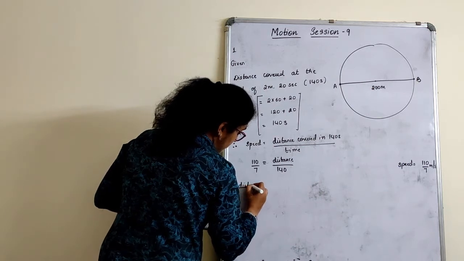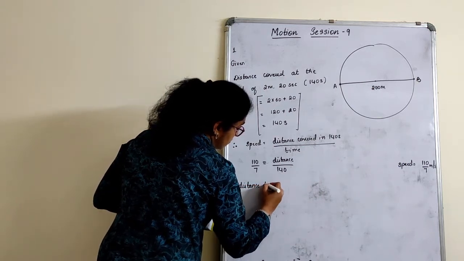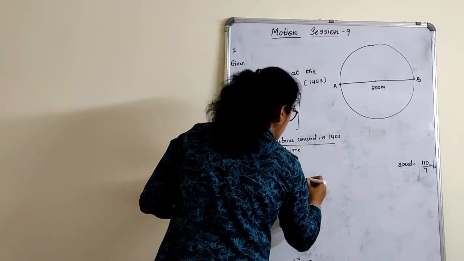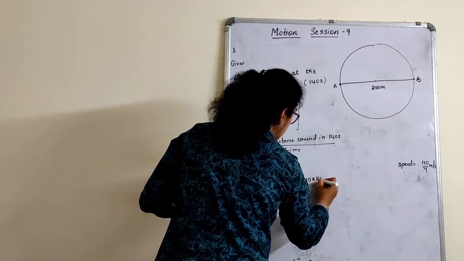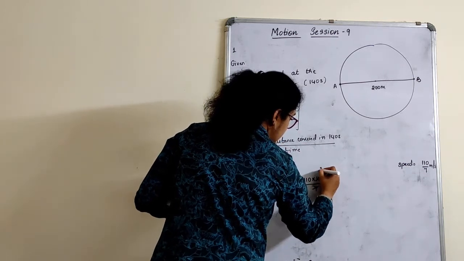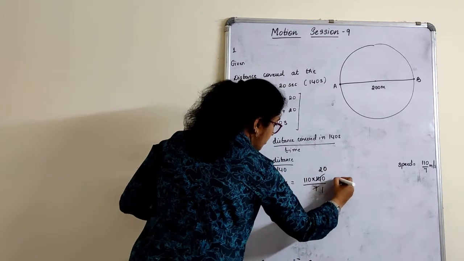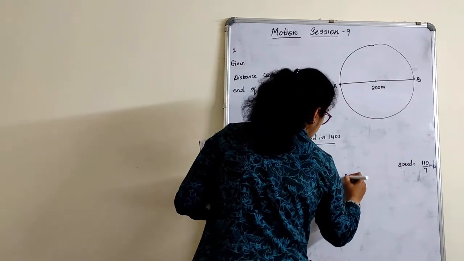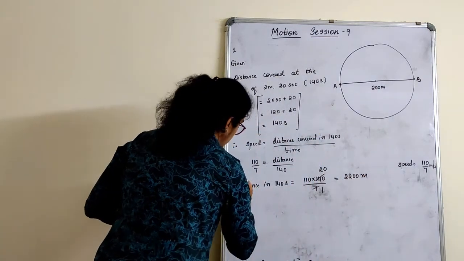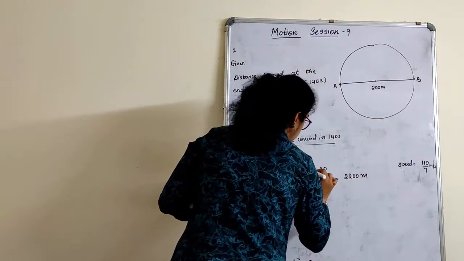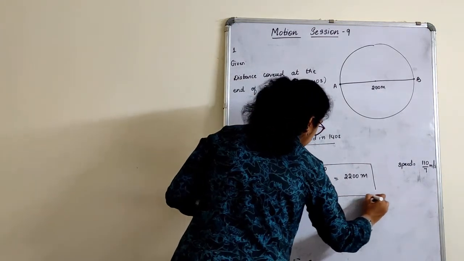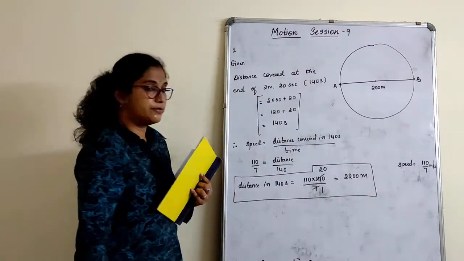Therefore, distance in 140 seconds is equal to 110 into 140 divided by 7. 7 ones are 7, 7 twos are 14, 0, which is nothing but 11 twos are 22, 2200 meter. So distance covered in 140 seconds is 2200 meter.